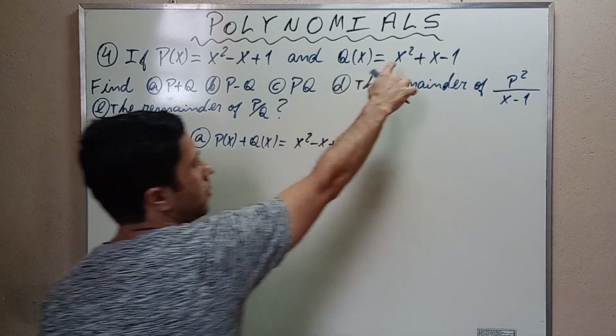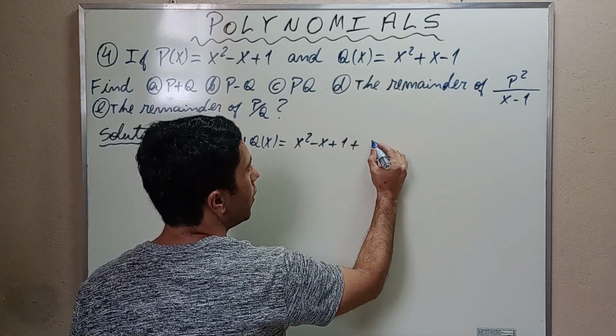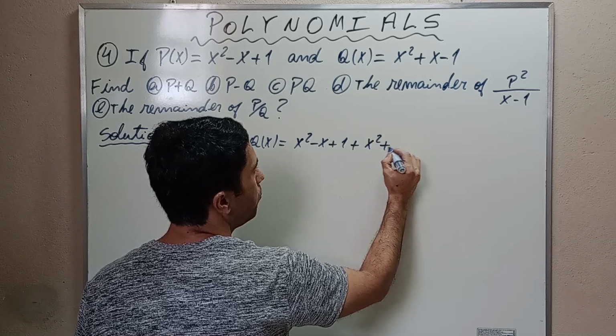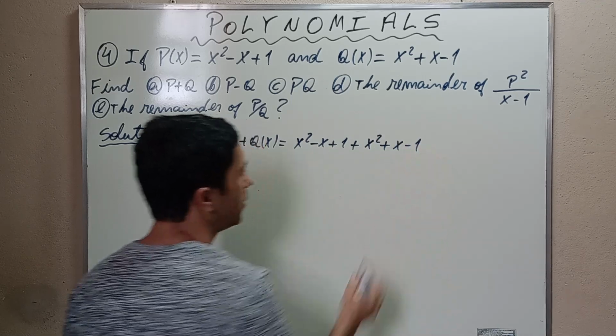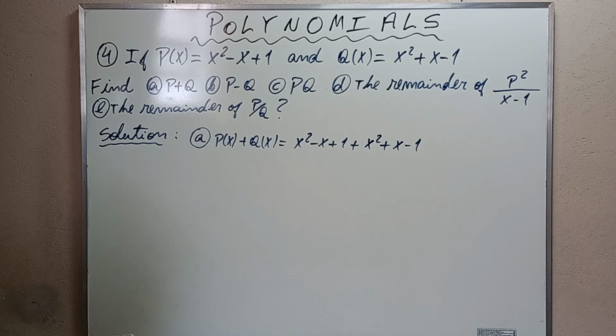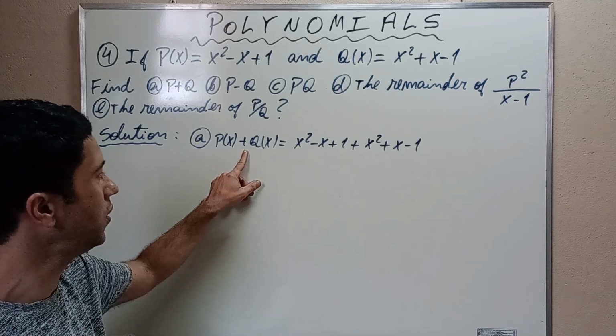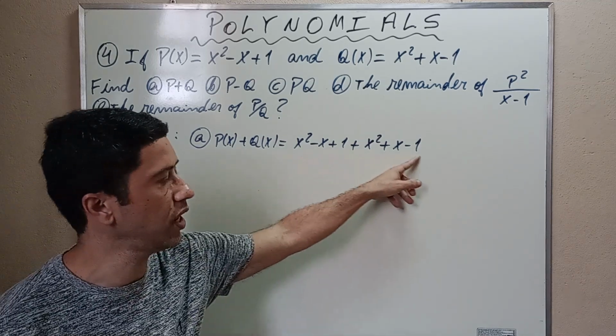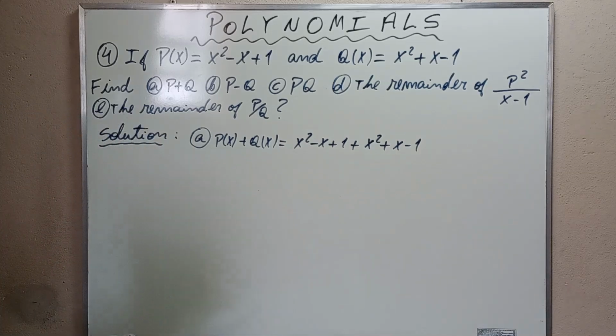We write q: x squared plus x minus 1. Okay? Simple, very easy. We simply write the polynomials. As it is addition, then we don't change the signs.